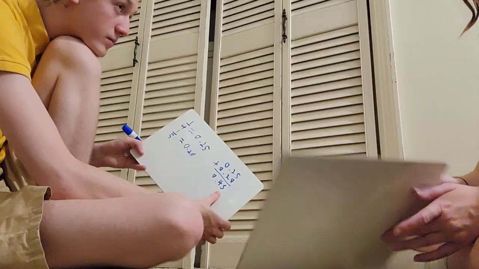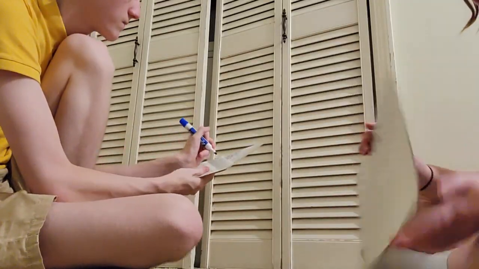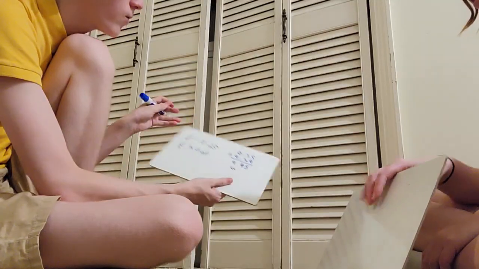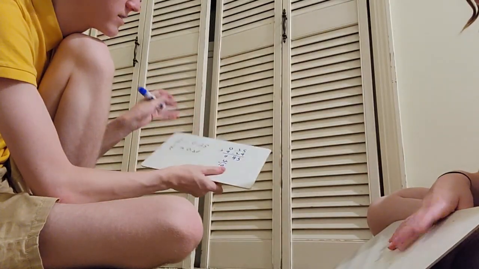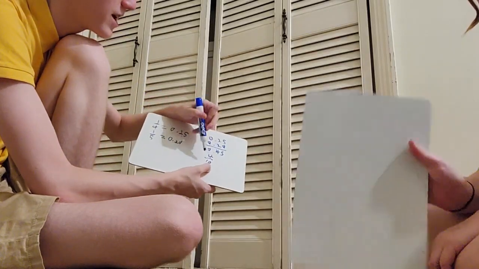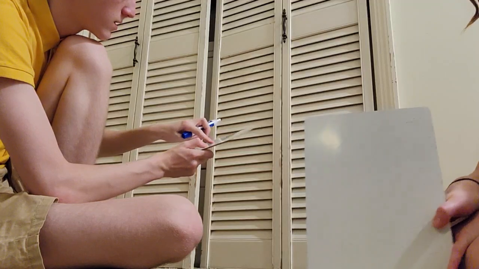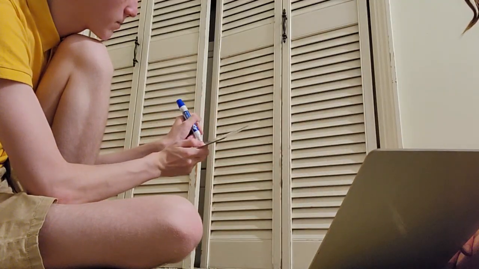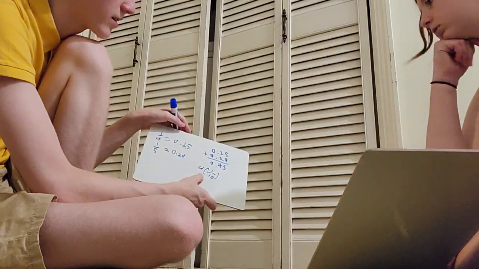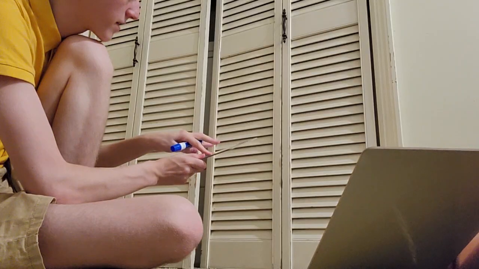You write 4 over 10. That is 4 tenths. If I said 4 times 1 tenth, that's the same thing. Okay, so this is 4 tenths.